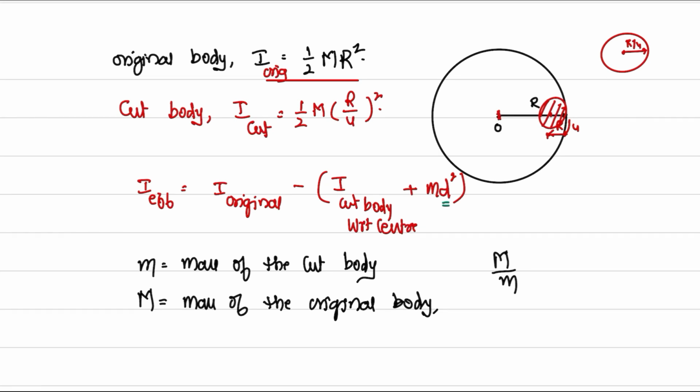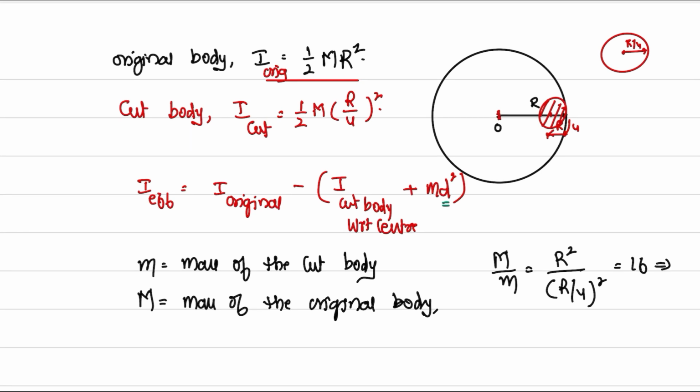The ratio m by M, because the density is the same, since we are calculating for I equal to m r square, is r square by r by 4 whole square, which equals 16.